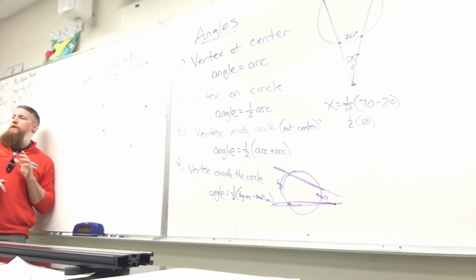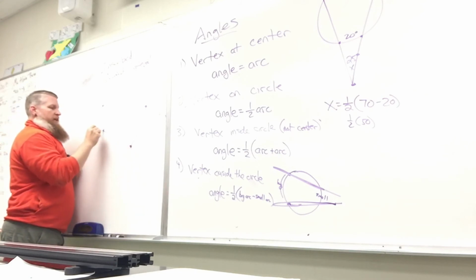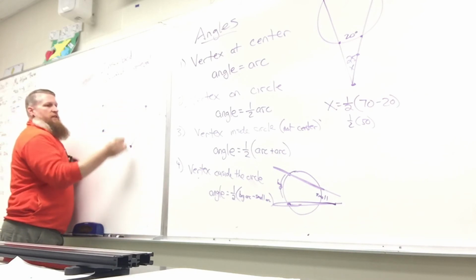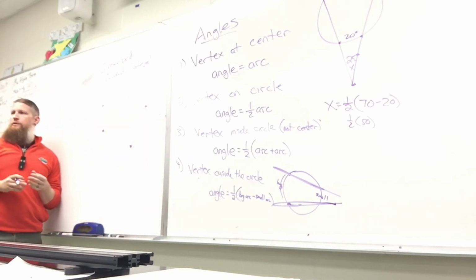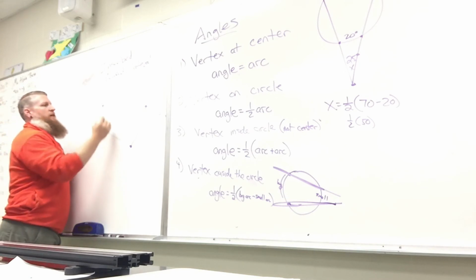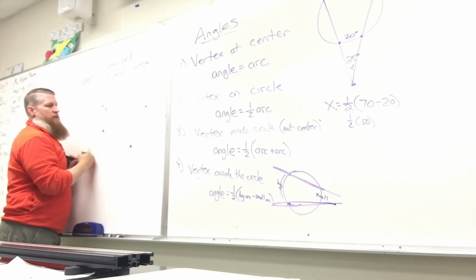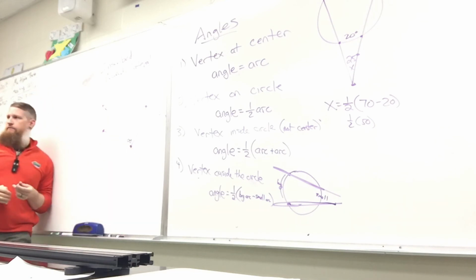Okay? So here's the thing. If you've got an inscribed quadrilateral, the way you're going to work with these is all these vertices are on the circle. So they're like half of the arcs they open up to. They're not going to give you arcs. What these generally are going to do is they're going to have like an x there, and they'll give you like 100 over there, and they'll say find the value of x.